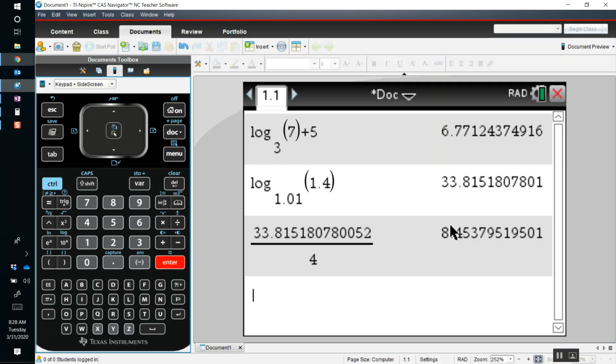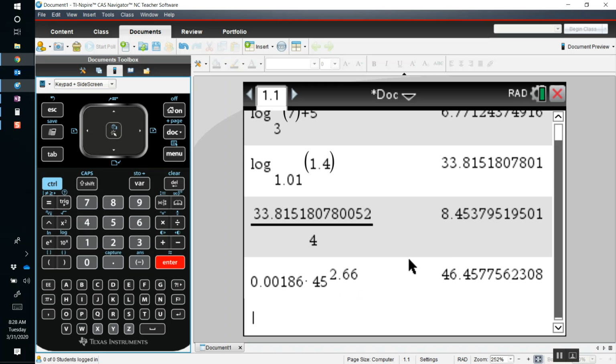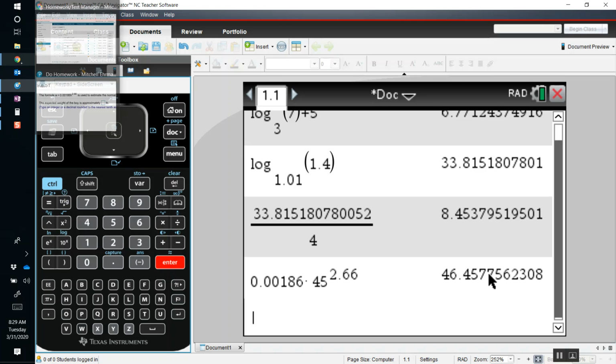If you've downloaded the TI Inspire, it's super easy to do. 0.00186, parentheses 45, exponent 2.66. And as long as we can enter this expression into the calculator exactly how we have it written on paper, and if we trust what we've written on paper, then we should be able to trust this result as well.